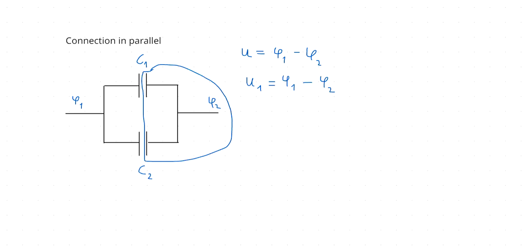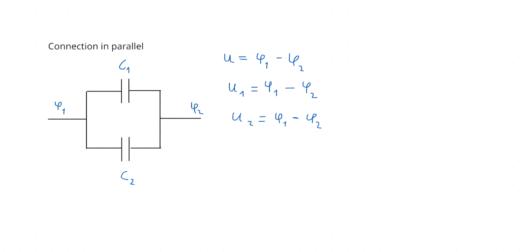So for both capacitors we have the same potential difference, phi1 minus phi2.